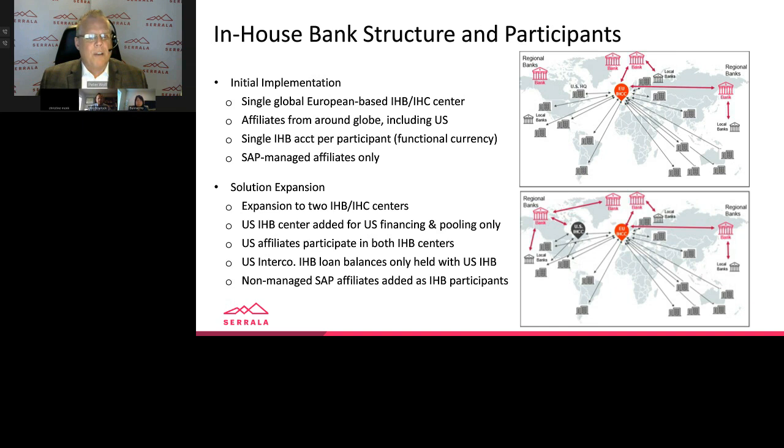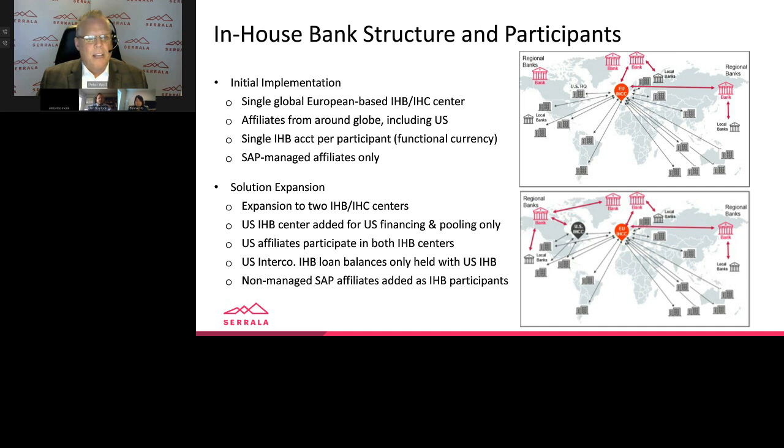Now, this is a model where we see a variety of different solutions, everything from the spectrum of where every participant needs to hold a virtual account in every one of the currencies they want to process in. That's the most extreme on one end. And on the other end, the most simplified model with a single account per entity. What we see often is somewhere in the middle.